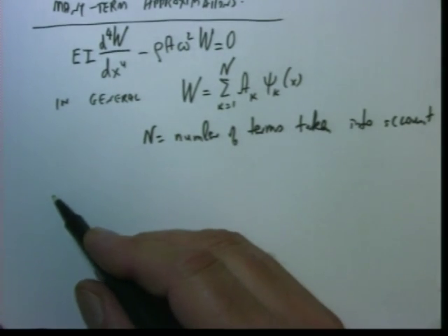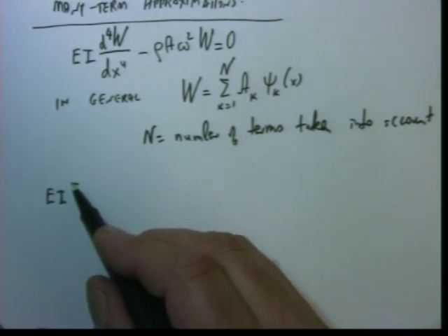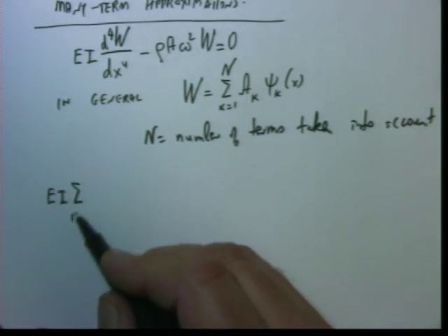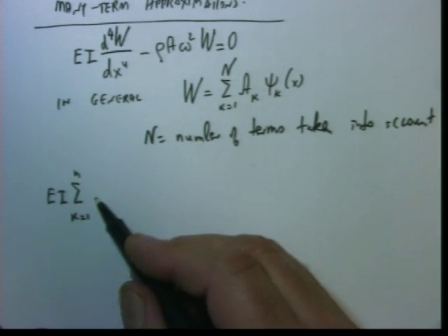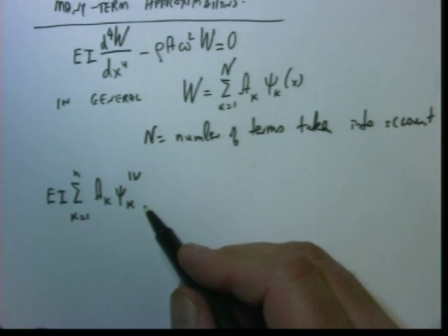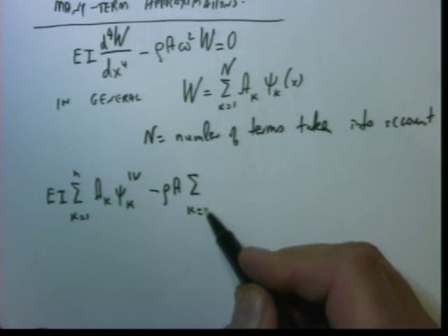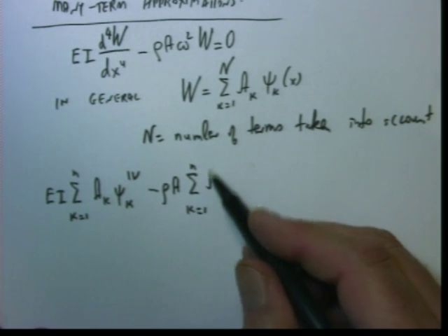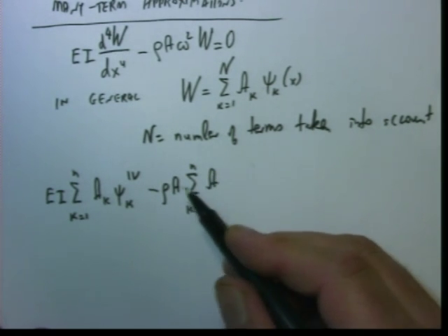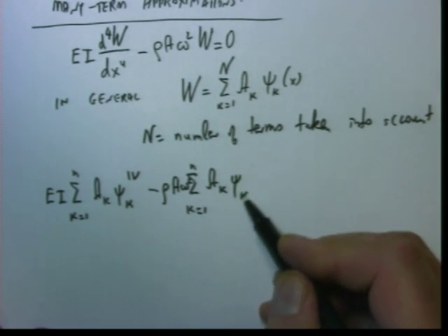We get, look please, EI, then we have summation, k from 1 to n, ak psi k fourth derivative, minus rho a omega square summation, k from 1 to n, ak psi k.